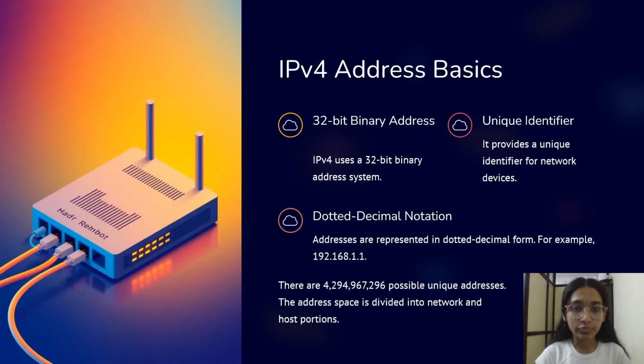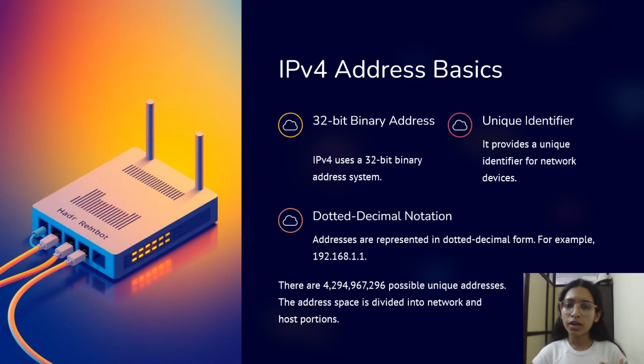Moving forward, let's look at some basics of IP version 4 addresses. It is basically a 32-bit binary address, that is, it uses a 32-bit binary address system. Secondly, it provides a unique identifier for networking devices.